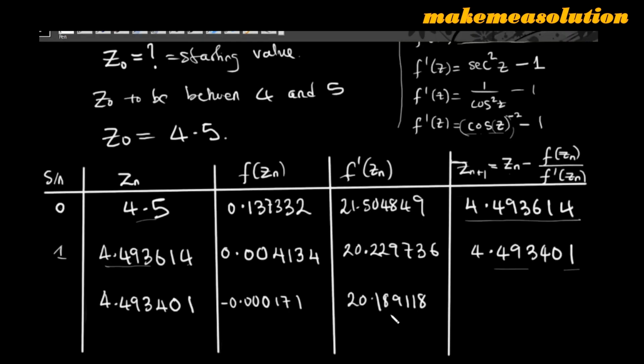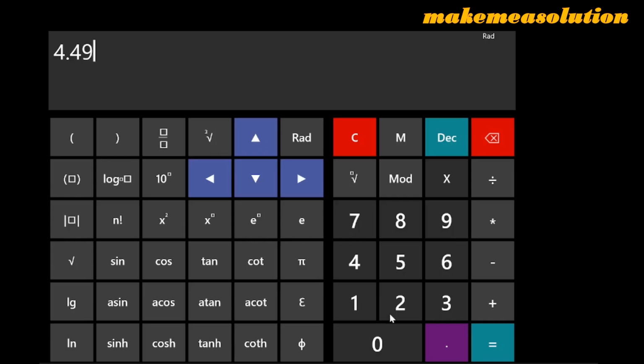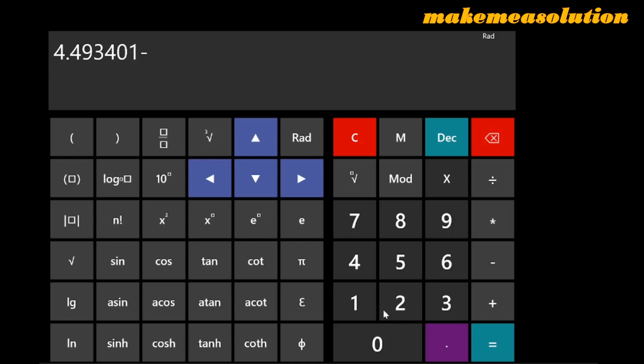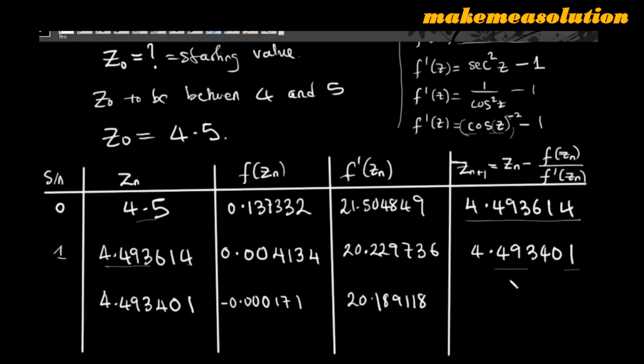So we have 4.493401, then minus the ratio between minus 0.000171 divided by 20.189118. So I have 4.493409.